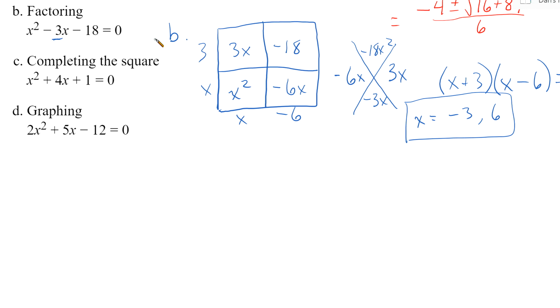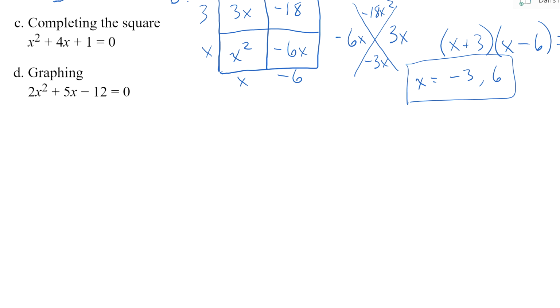All right, C. Completing the square. X squared plus 4x plus 1 equals 0. This is where you have the square. You fill it in with the little squares.